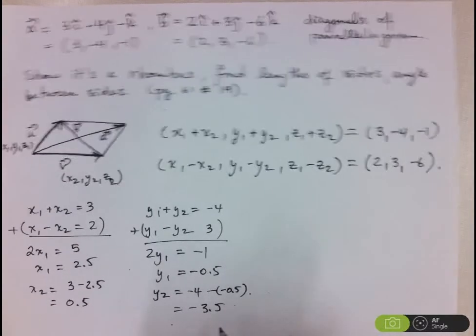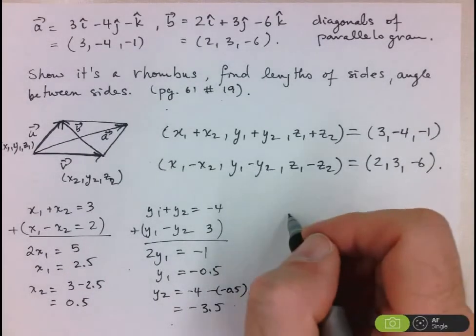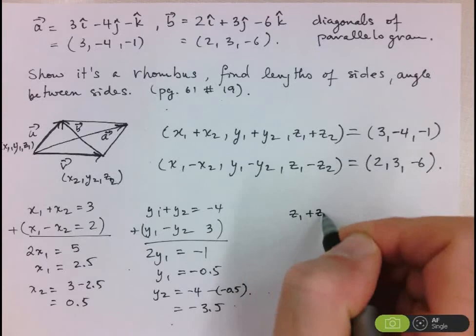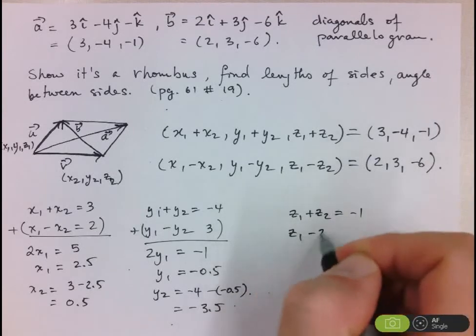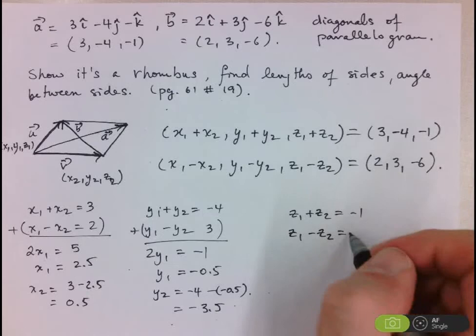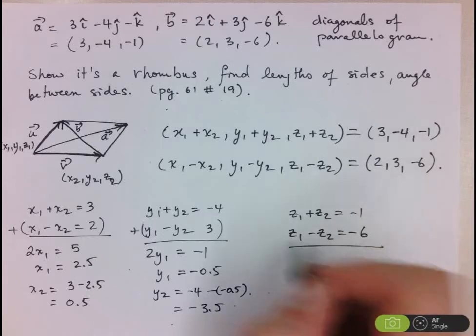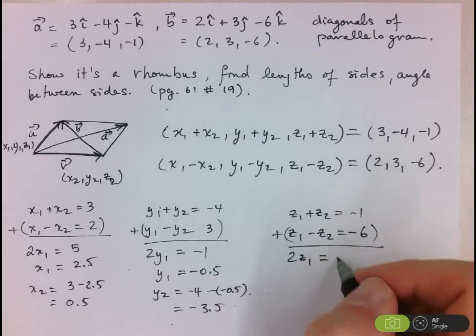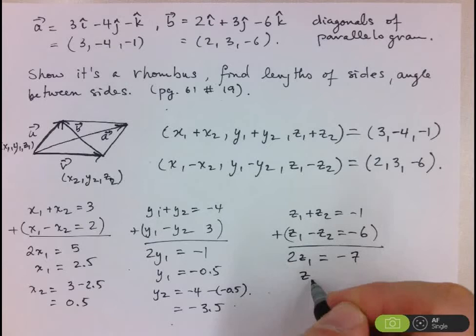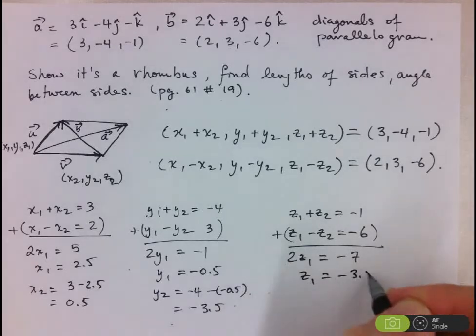Lastly, let's do that for the z components. z1 plus z2 equals negative 1, and z1 minus z2 is equal to negative 6. Again, I'm going to add these together. So I get 2z1 is equal to negative 1 minus 6, which is negative 7, and then z1 is equal to negative 3.5.